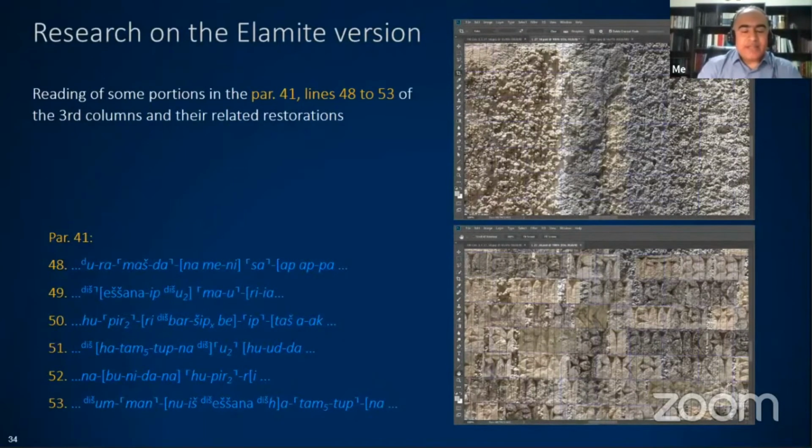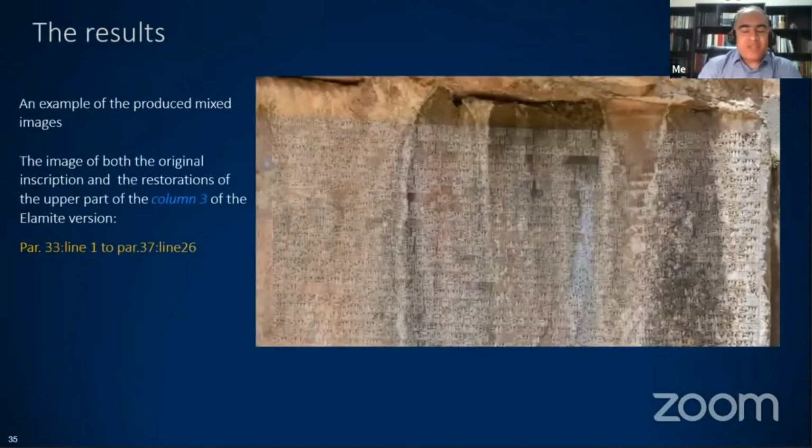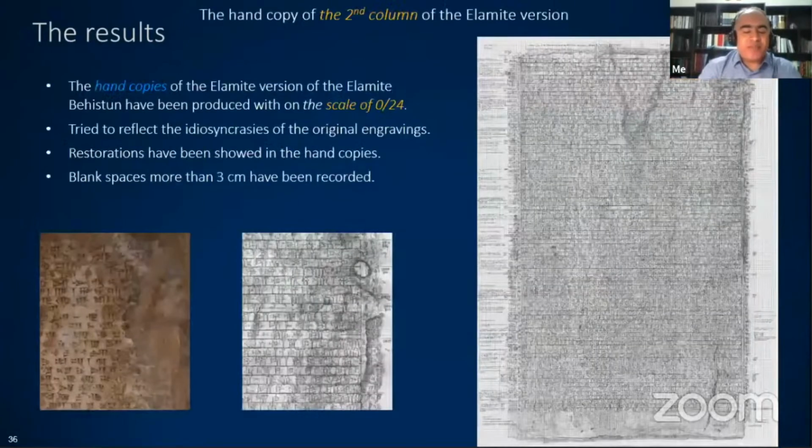The mixed photos can be considered as accurate copies on which further studies can be based. Archaeologists can examine them in their research and even judge the new readings. Furthermore, I have tried to replicate the inscription in hand copies and record the information about the idiosyncrasies in the margins.